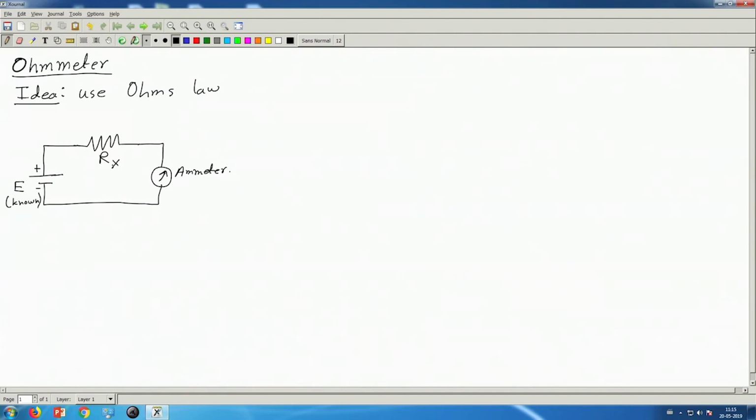Rx is unknown. Now, according to Ohm's law, the current that will flow through this circuit, that means through the ohm meter, this current I is given by E by Rx. Now, I is observed.